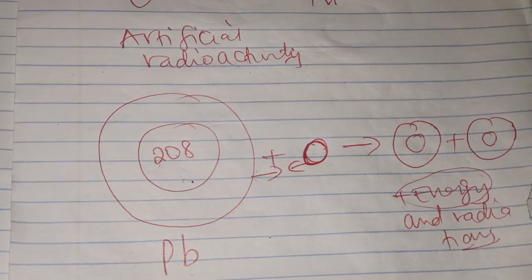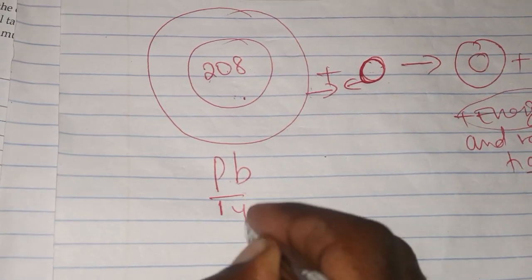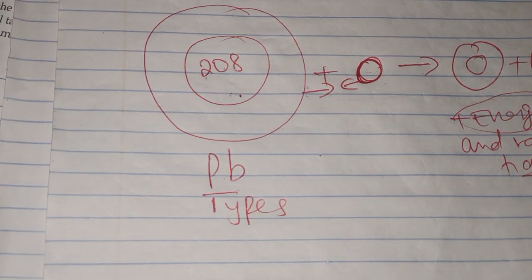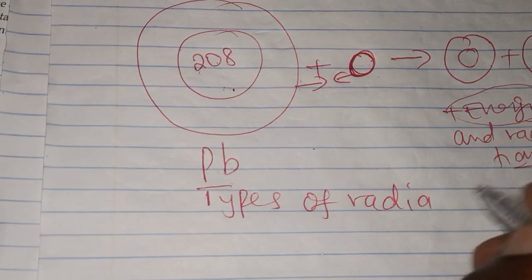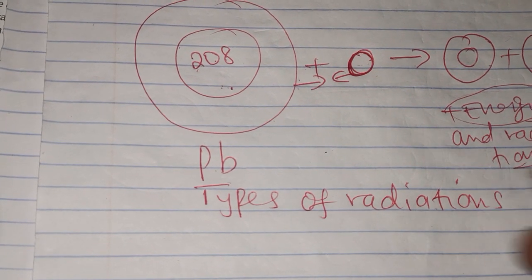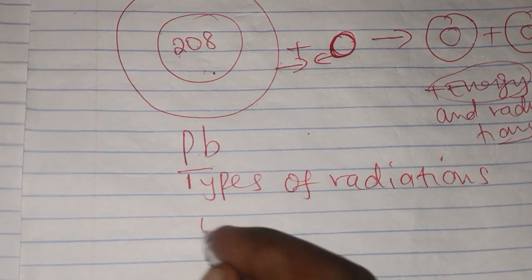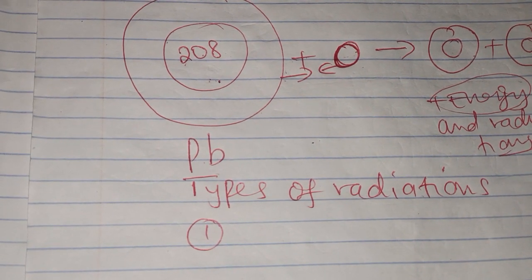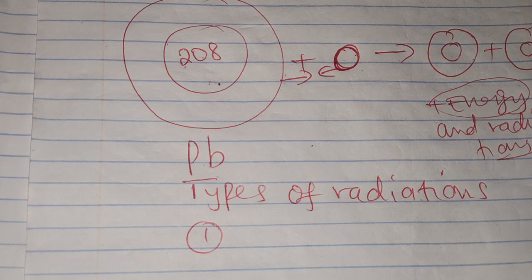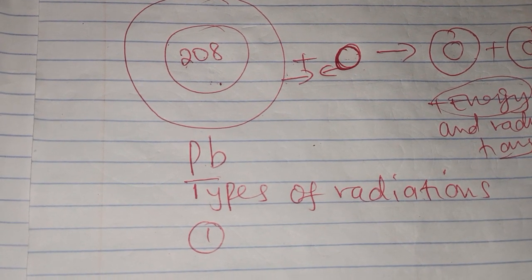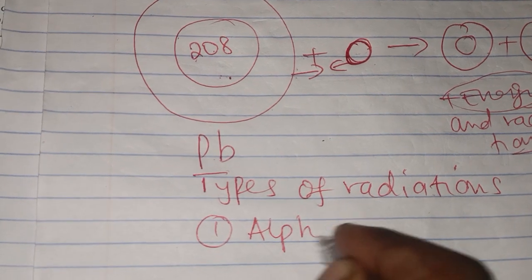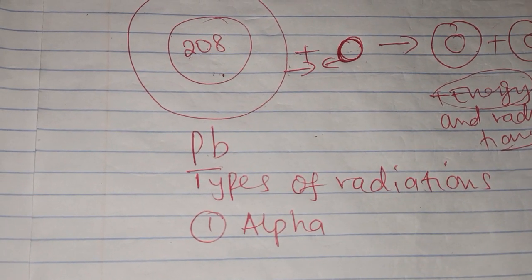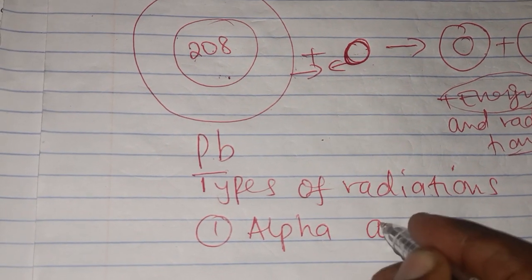So, types of radiations produced in a radioactive emission. The first type of radiation produced in this radioactive disintegration, or spontaneous breakdown, is called an alpha particle. It is symbolized as this.